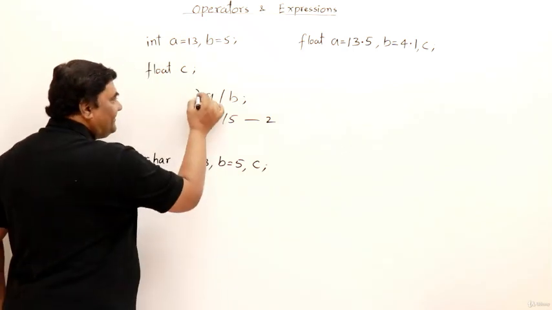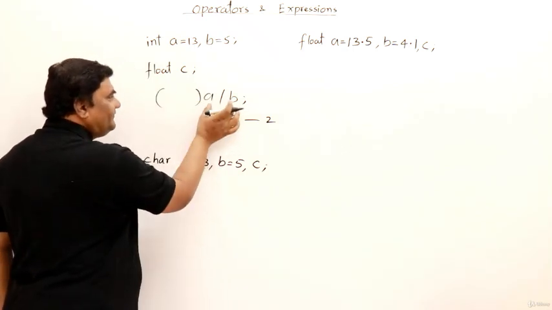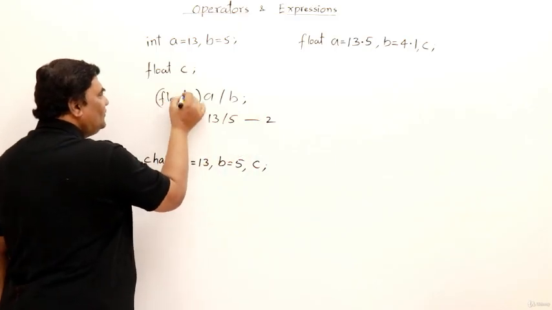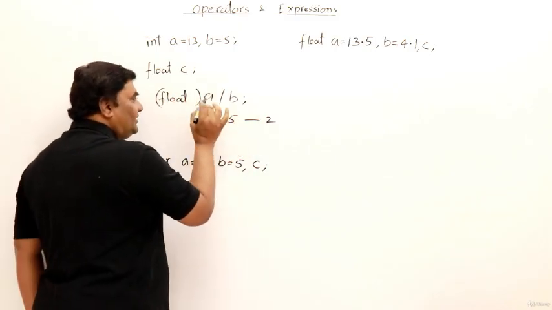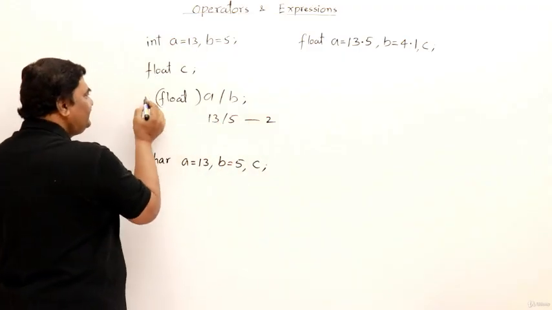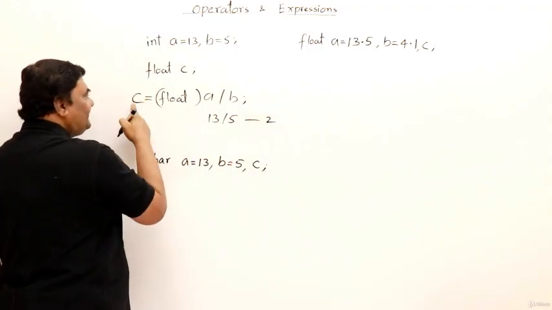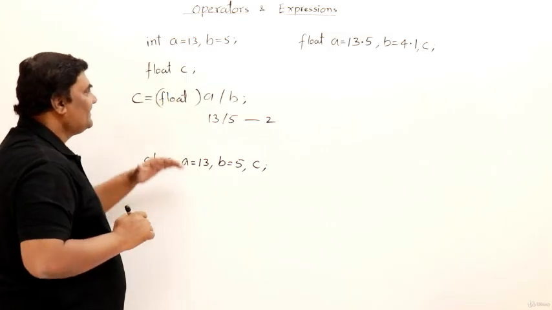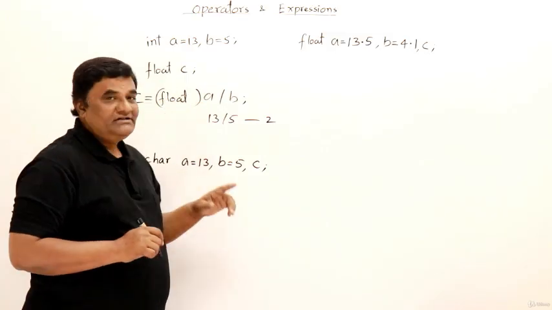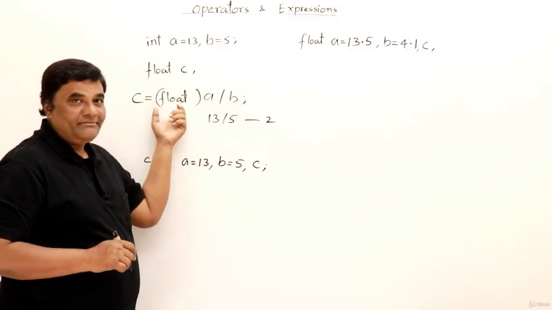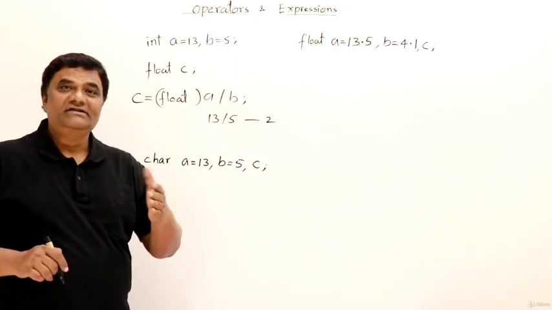So what is typecasting? We can change the data type of this result. This is 2. If you write that we want it to be a float, then the actual result that we get, that is 2.6, will be given to us, and the variable to take this should be float type. So I have taken C, that is float type here. Now this integer division gives floating point result. So this is called typecasting. Typecasting means changing the data type.